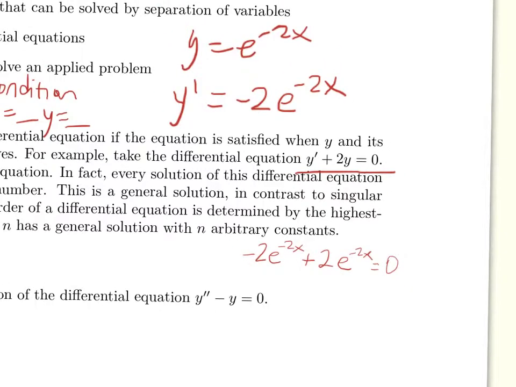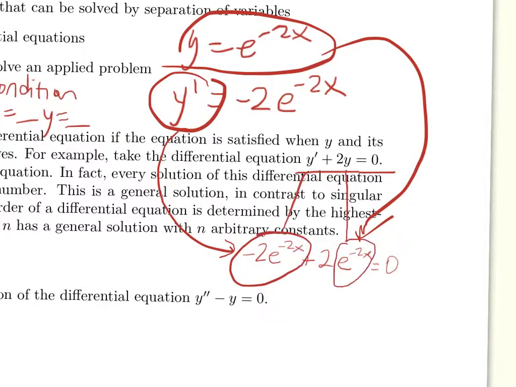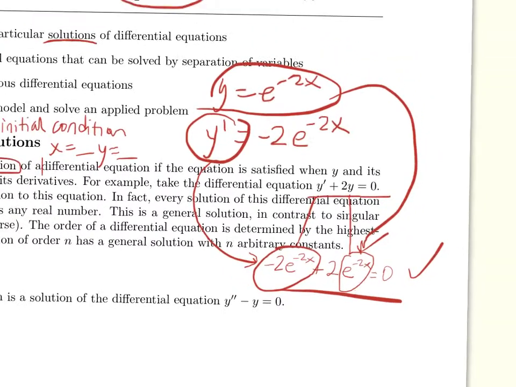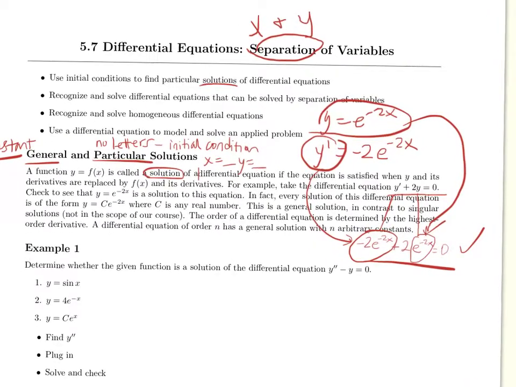It sure is. All I did was I took my y from here and plugged it in there, and I took my y prime from there and plugged it in there. And I end up with something that's true. Therefore, we can say that y equals e to the negative 2x is a solution.